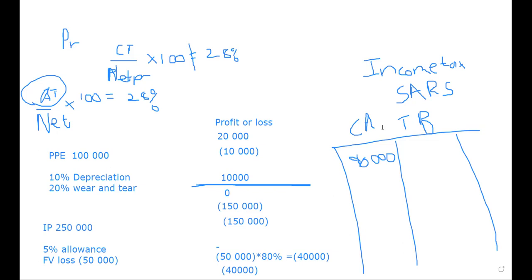Then the tax base here is going to be 80,000, right? That's the tax base. And then we have here the temporary difference column. And the temporary difference here is going to be positive 10,000, right?